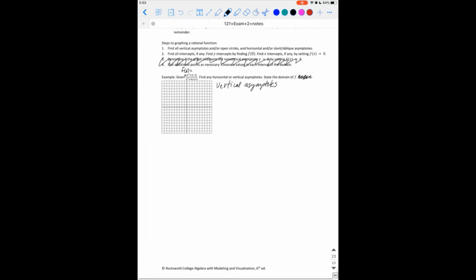Okay. So we have x squared plus x minus 6 over x squared plus 4x plus 3. The numerator is factorable into x plus 3 times x minus 2. And the denominator is factorable into x plus 3 times x plus 1.